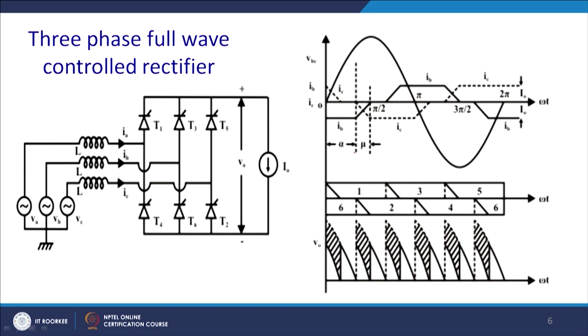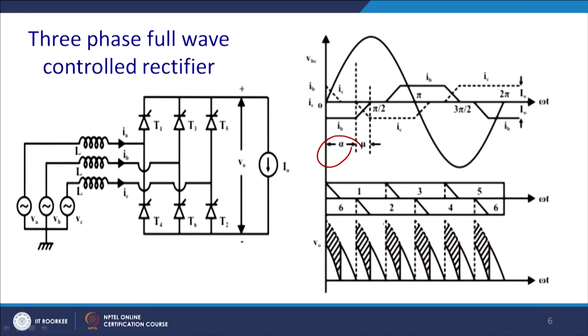Here in this case, it is triggered at an angle alpha. So, you can see that this changeover takes place. T1 was conducting, and here in this region there is a changeover between 2 and 6. So, basically 6 was conducting, now since 2 becomes the more negative phase it will get into the system, and the current decaying through T6 and the current building up in T2 will take a time mu, and similarly the same thing will happen in this duration when 1 and 3 interchange.